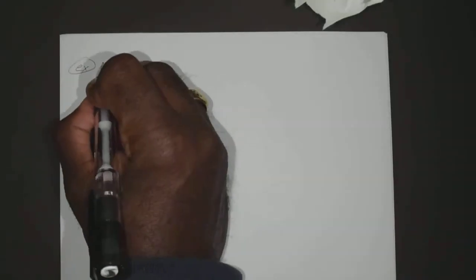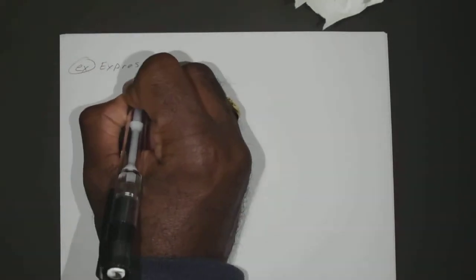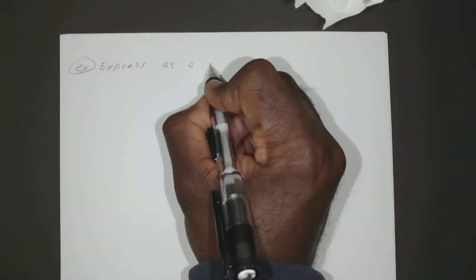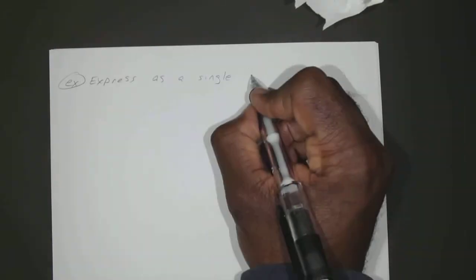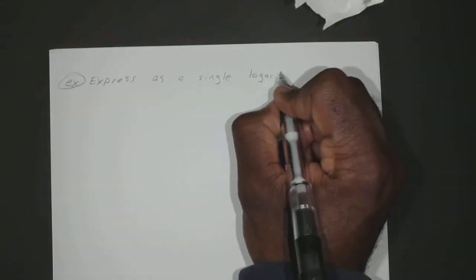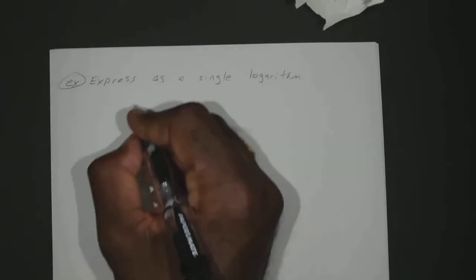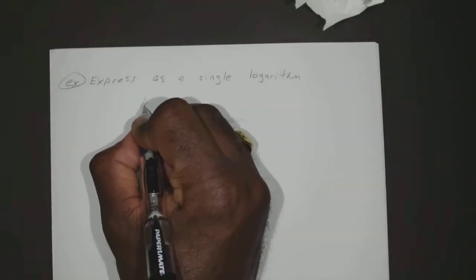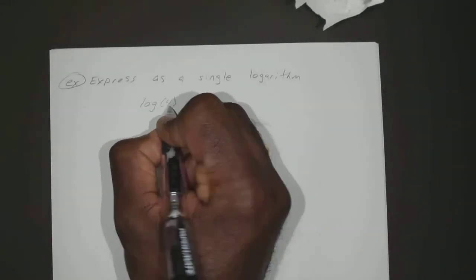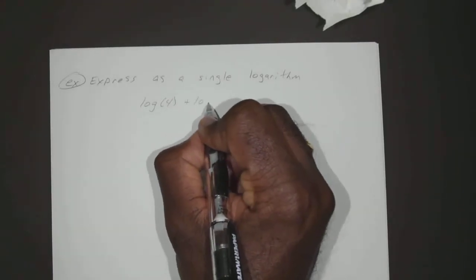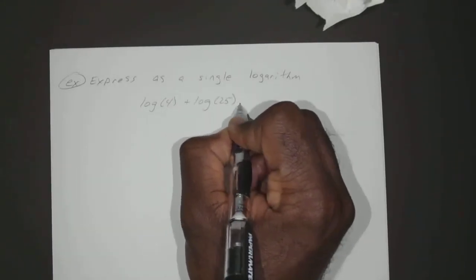All right, for our next example, express as a single logarithm. We have log of 4 plus the log of 25.